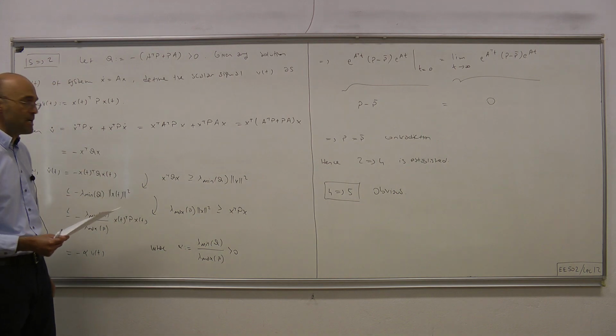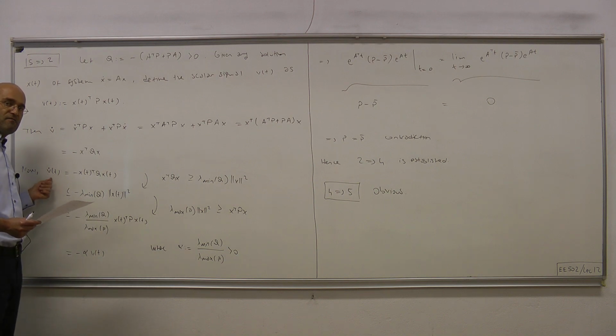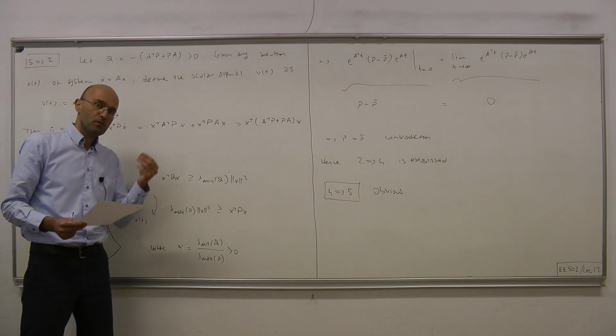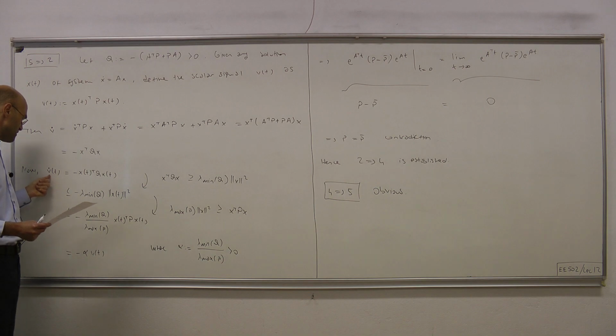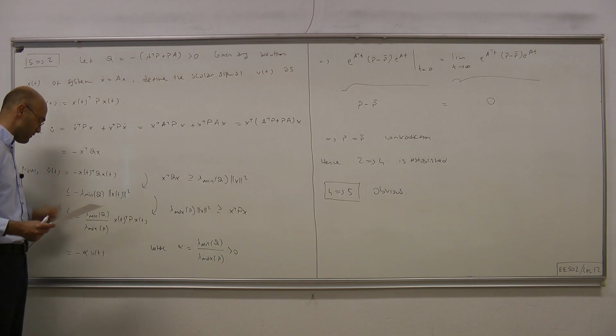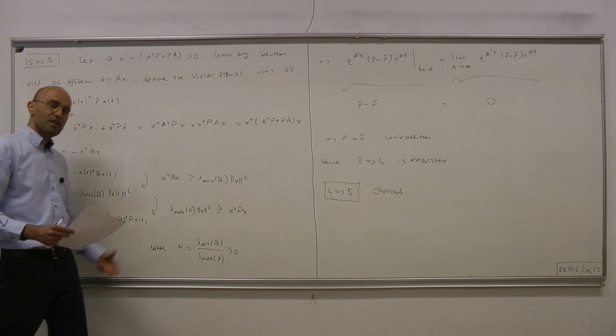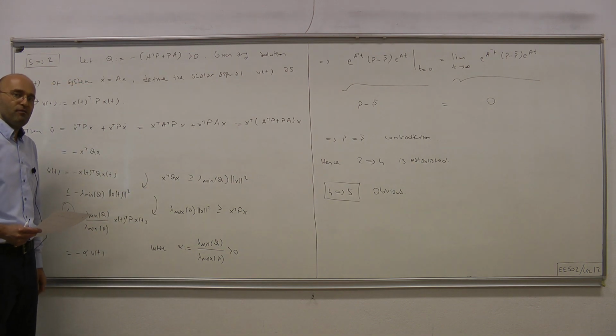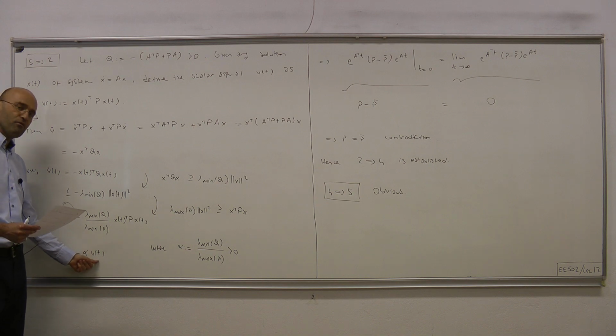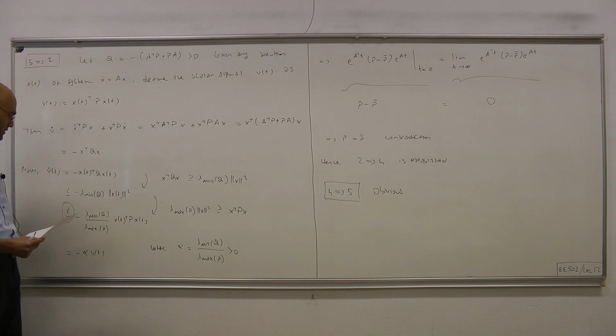So what we have obtained is v dot, and v is a scalar signal, don't forget, that's the whole beauty of it. This scalar signal's time derivative is less than or equal to minus some alpha times the value of v at that particular time.